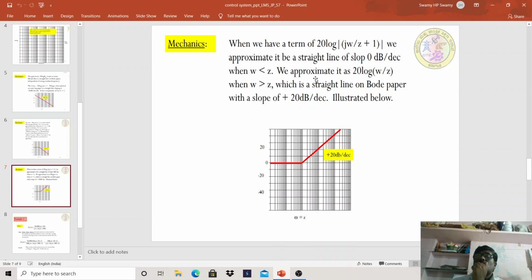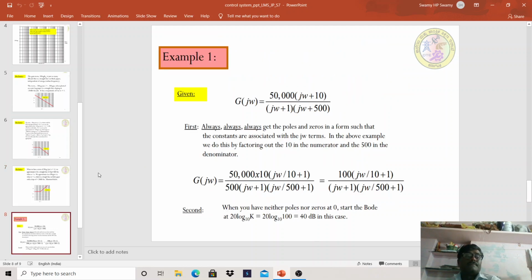When omega is greater than z, it is positive 20 log omega by z, a straight line on Bode paper with a slope of 20 dB per decade, as shown in the figure here. This is a positive term when omega is greater than 1. It is drawn downward when omega is negative. Okay. Now we'll go for example 1.